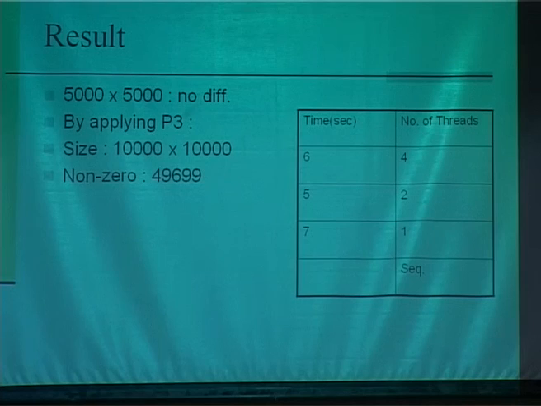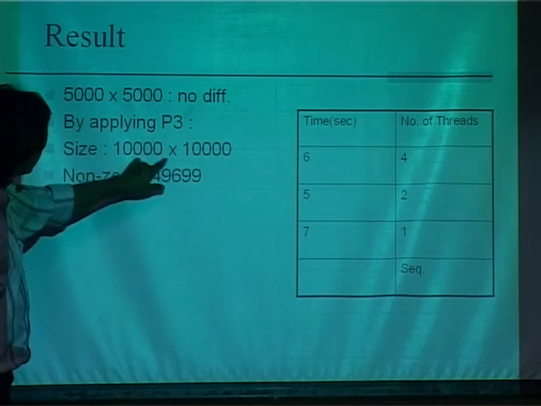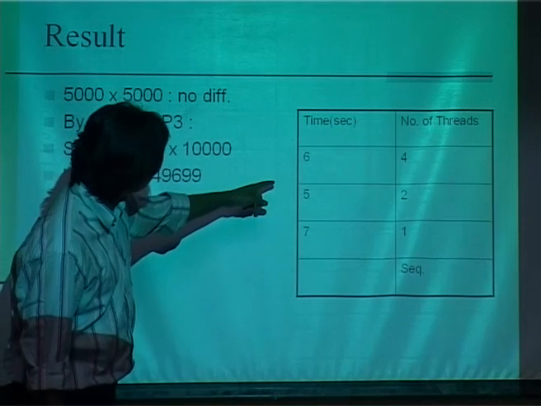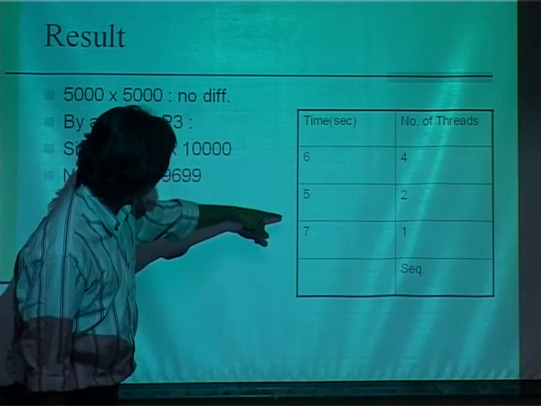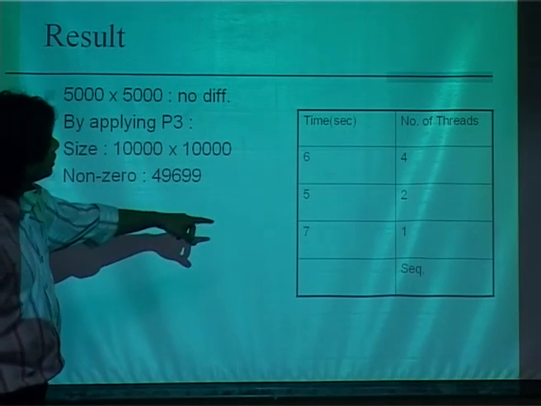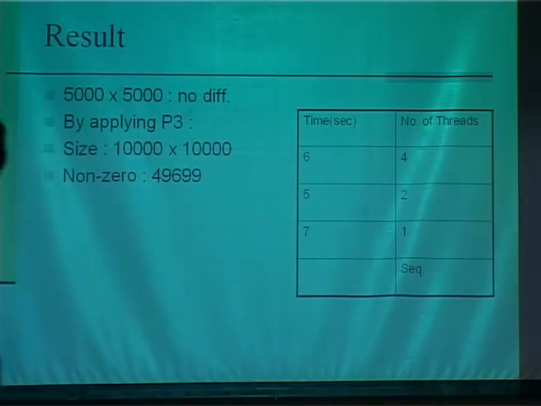For this, I checked 10,000 cross 10,000 with number of threads and time. It was 6 seconds, 5 seconds, and 7 seconds for 4 threads, and I didn't write it for sequential. Why did time increase when you increase the number of threads?